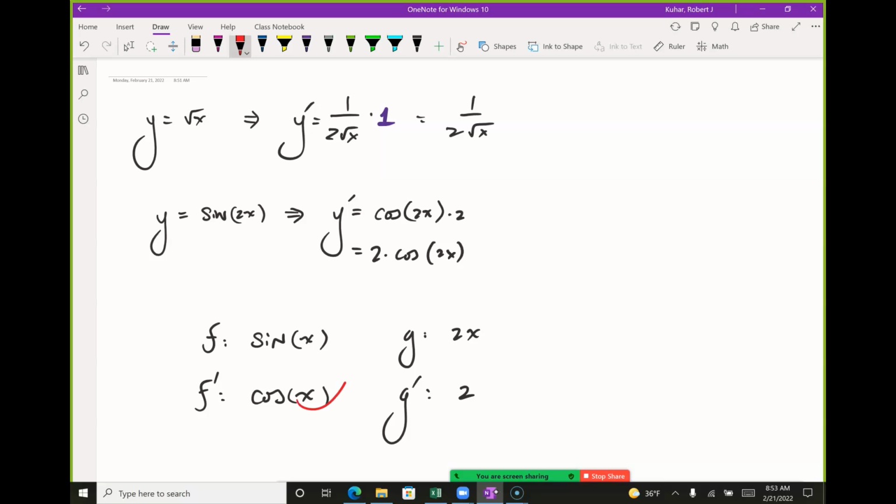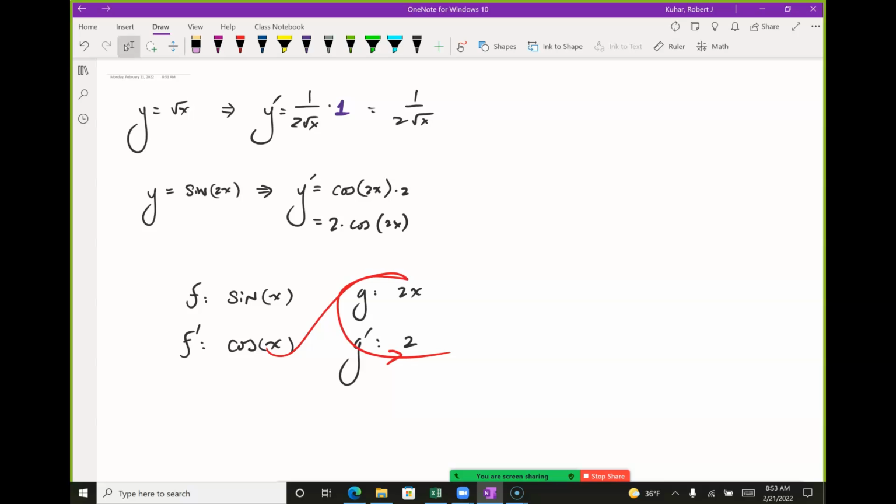And I'm going to use the letter C for chain rule to get my y prime, which is cos evaluated at 2x times 2. So cos is going to be evaluated at the inside function. This is my outside derivative, and this is my inside derivative.